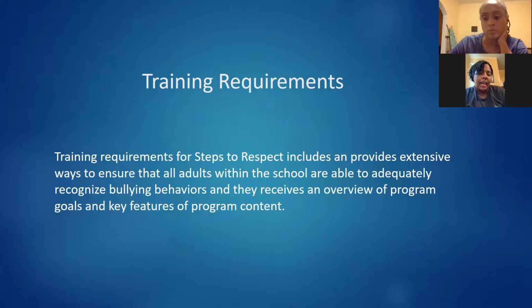It's recommended that all adults in the school, so janitorial staff, lunchroom people, the hallway monitors, any adult in the school itself, should go to the classroom training, because they teach the children that all adults are safe people to report bullying to. Therefore, you need the training for that.